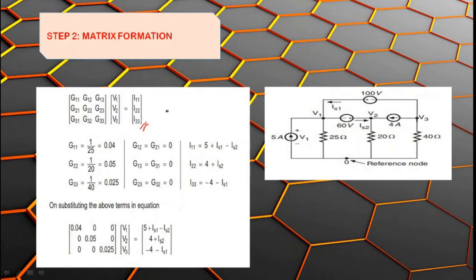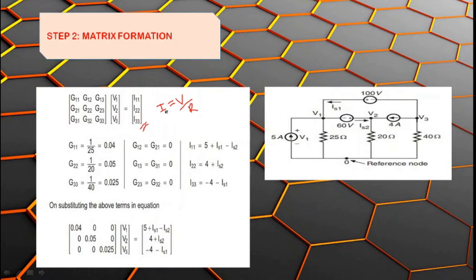So here we follow Ohm's law, that is I equal to V by R. For the matrix formation, this is my I matrix, this is my V matrix.